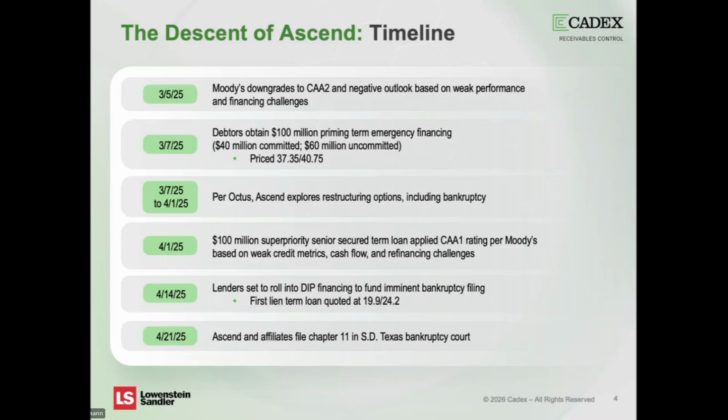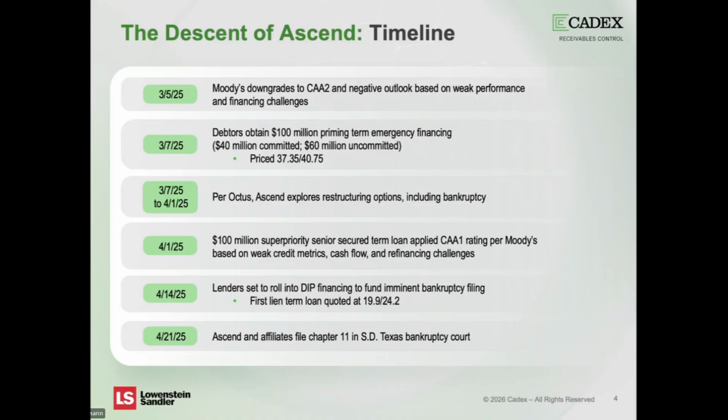Moody's downgrades in March based on financial challenges, and then you get the real signs. A Chapter 11 filing specifically is on the immediate horizon. On March 7th, the debtors obtain a priming emergency term loan, and again, pricing is now far lower than what you had seen in previous reporting.